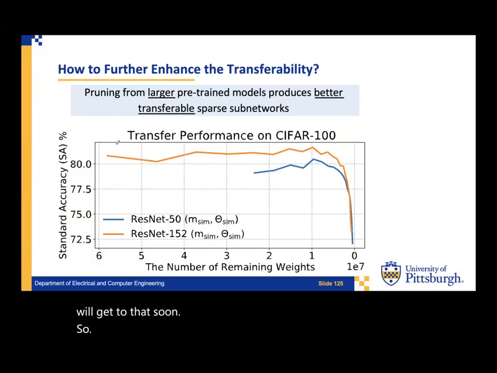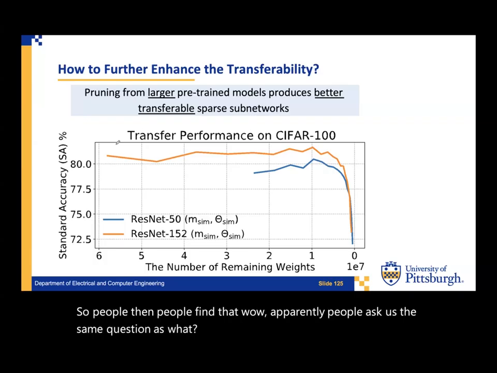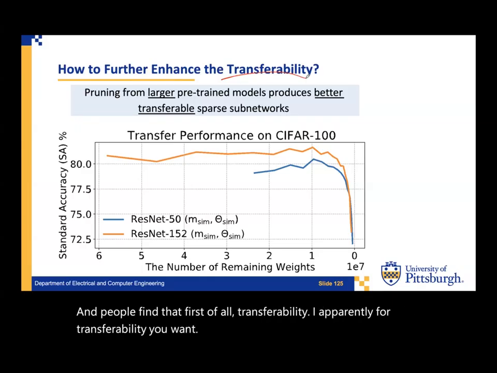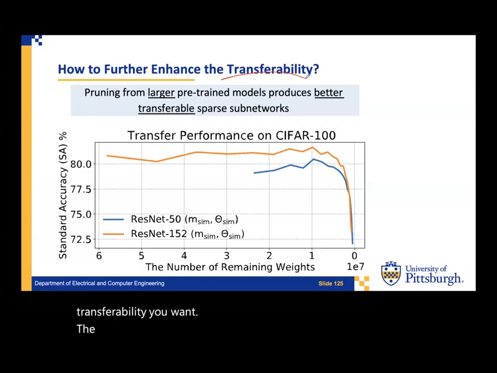So people apparently asked the same question as what Harsh did: how can I easily find this ticket? And people found that for transferability, you want better transferability, right?